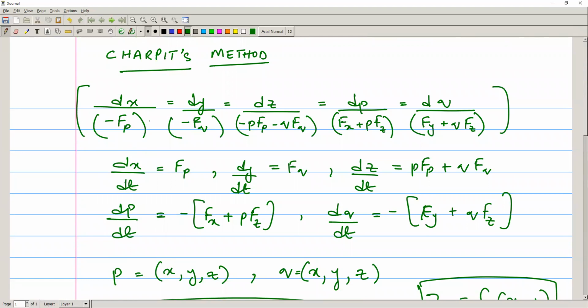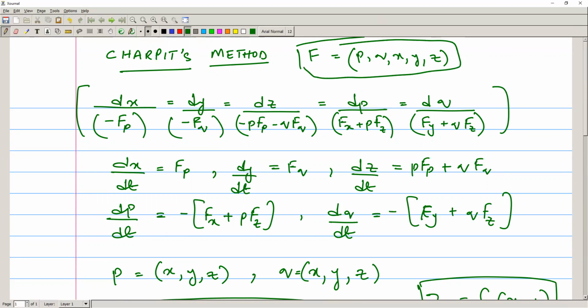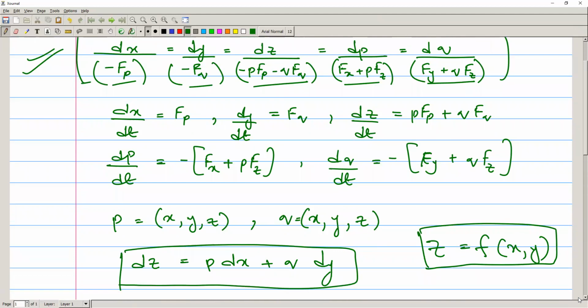Just for recap, when we are given a function f equal to some function of p, q, x, y, z, that will be a nonlinear partial differential equation. If we are given this equation, the first thing we need to do is find fp, fq, then this, and this, and then we will apply these to this system of differential equations, and we will pick a couple from here which we can solve easily, and we will solve for p and q.